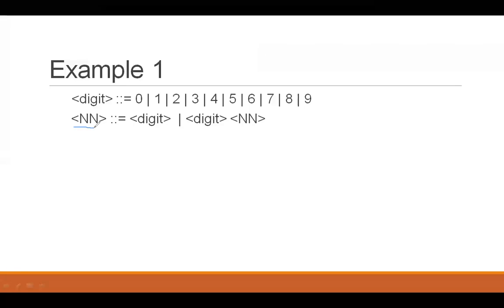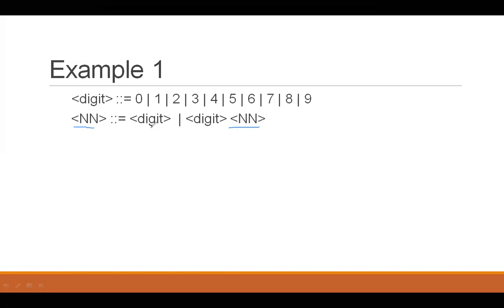You see that this natural number is being defined in terms of itself. A natural number is defined as a digit or a digit followed by another natural number, in other words, another digit. This way of writing is called recursively defined. Something is defined in terms of itself.